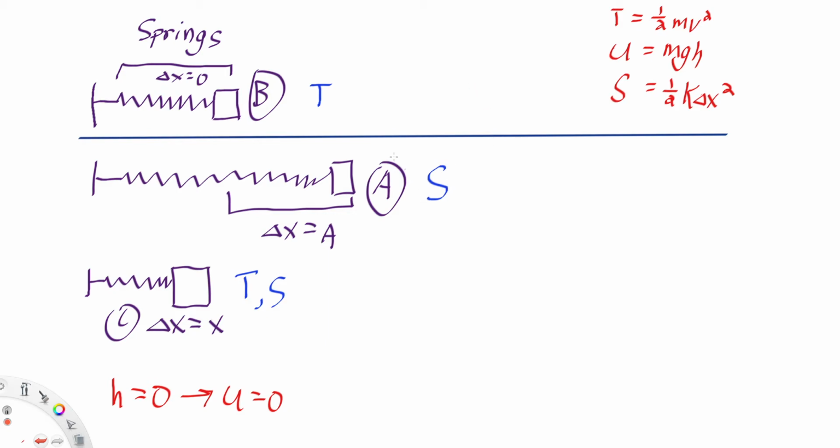Between A and B, is there any external force acting on our spring mass system at all in any of these cases? Since our system is the spring and the mass, do we have any external forces coming in to mess up our analysis, to complicate things?